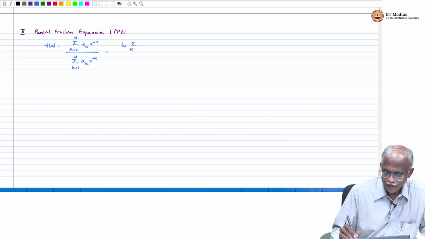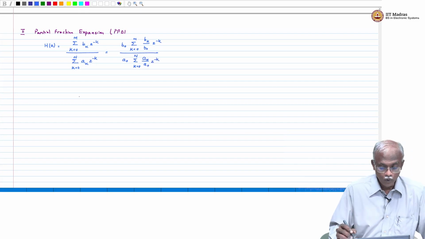Then what will you get? Summation k equal to 0 through m, bk divided by b0 z power minus k, and here I am going to pull out a0, summation k equal to 0 through n, ak by a0 z power minus k.